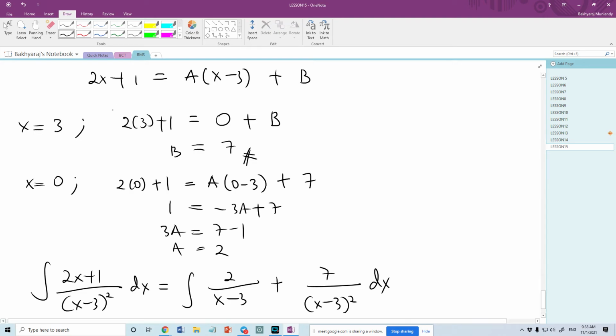Of course, one part will be log, another part we must use this formula: ax plus b to the power of n plus 1 divided by a times n plus 1 plus c.